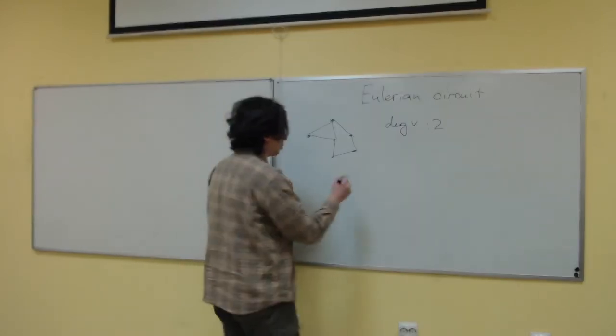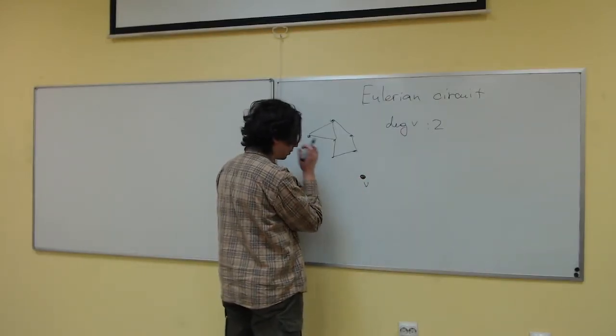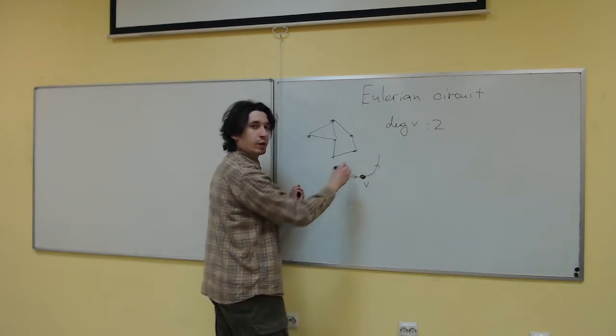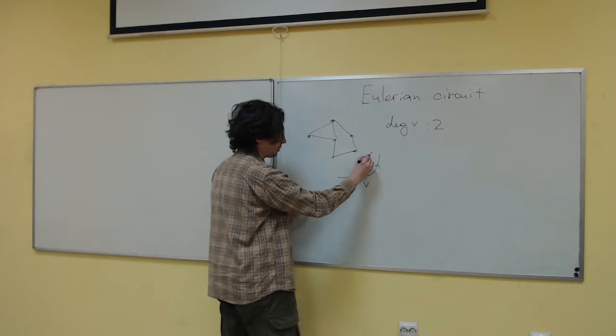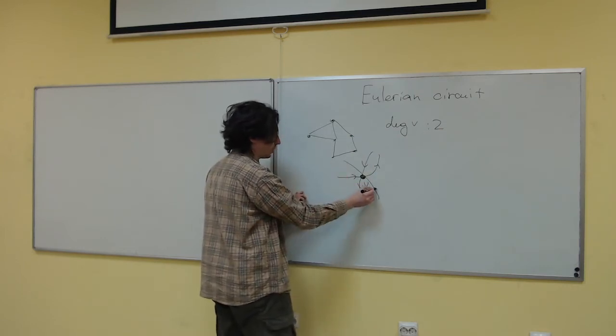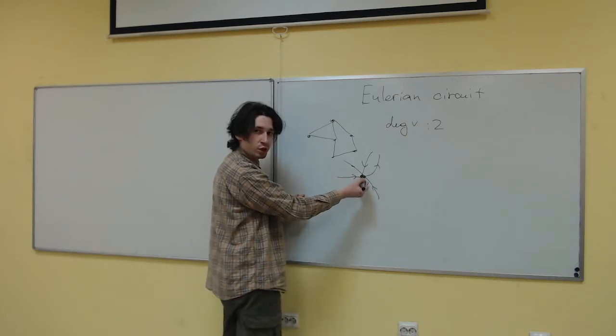If you consider one vertex V, the circuit comes in one way through the vertex, then probably another way, and so on. You can see that an incoming edge always has an outgoing edge, so that is why the degree should be even.